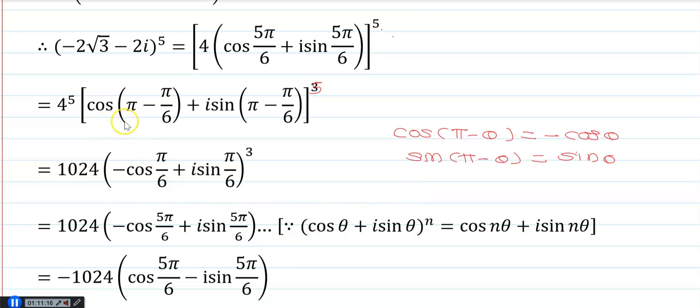Therefore cos of pi minus pi by 6 is minus cos of pi by 6, and sine of pi minus pi by 6 is sine of pi by 6, and here again I will write bracket raised to 5.